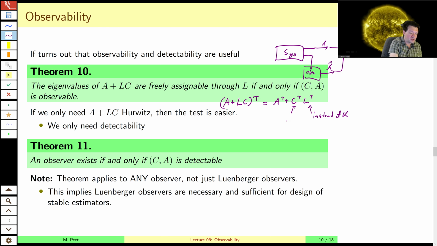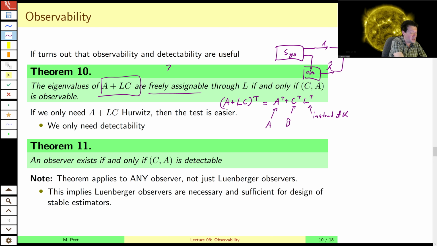So this is our new B, this is our new A, and so we just have the controller synthesis case. So we can then rely on all those big powerful results we had for controller synthesis to say that not only can we design a stable observer if and only if the system is observable, but we can go further and say that the eigenvalues of this closed loop dynamics are freely assignable.